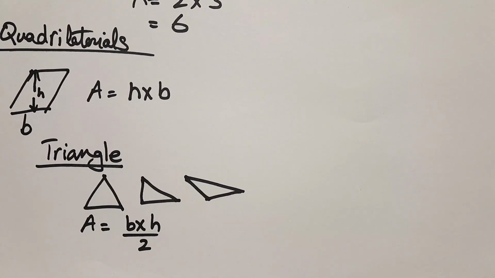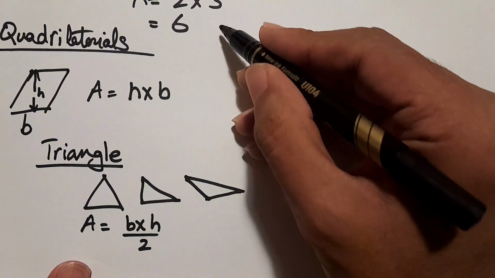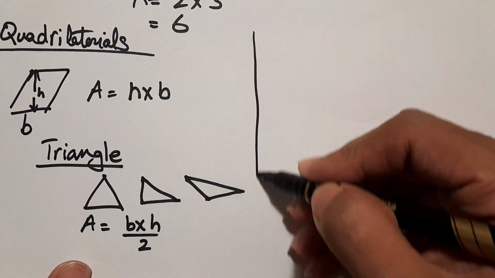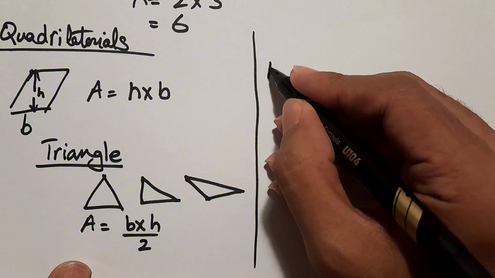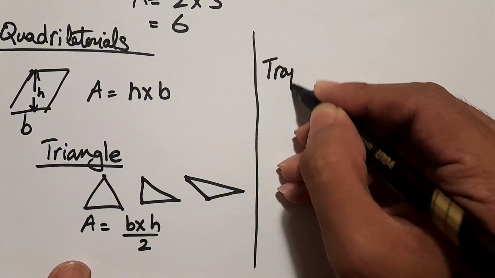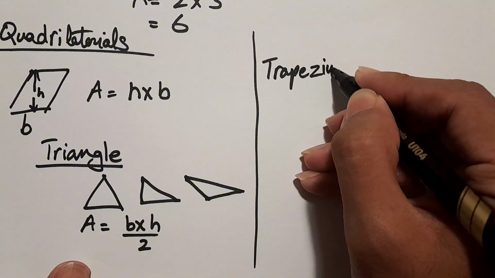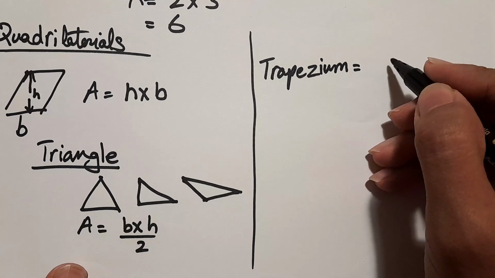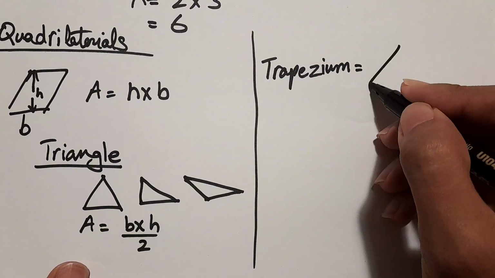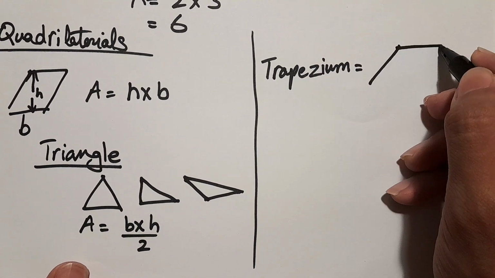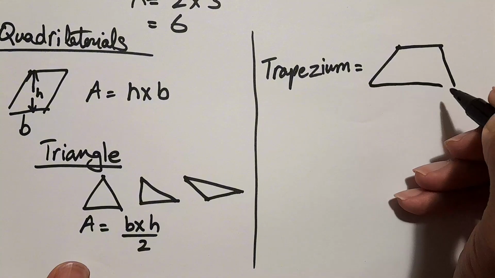And for a trapezium, the shape is like this.